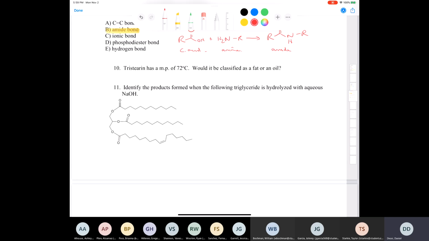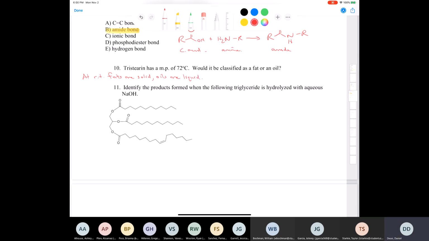What would it be at room temperature? Would it be a solid or a liquid? Yeah, I see that I have 2 students who answered fat. Absolutely, because at room temperature, fats are solid, oils are liquid.